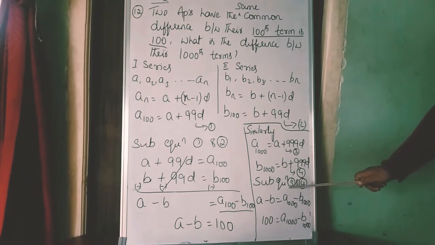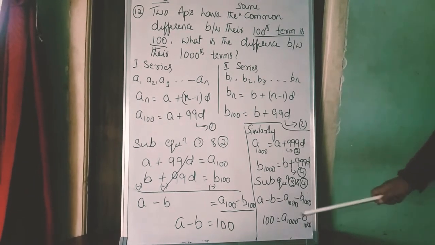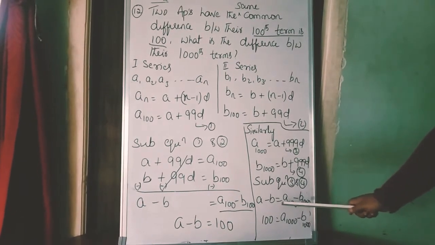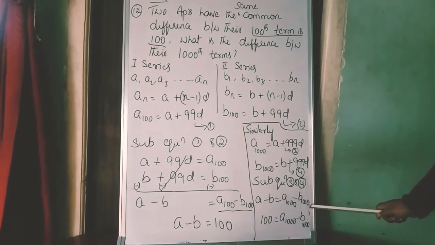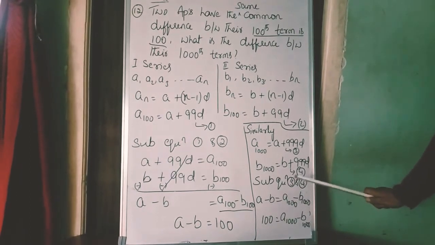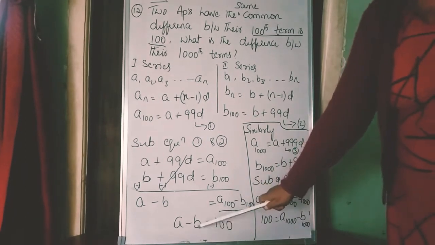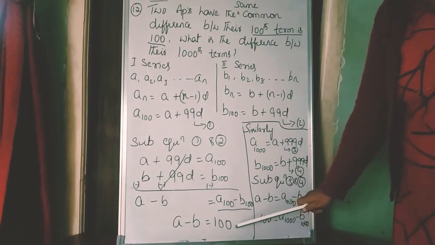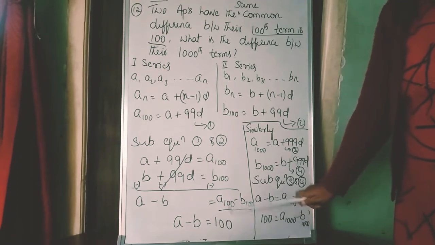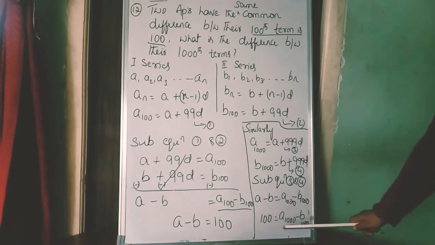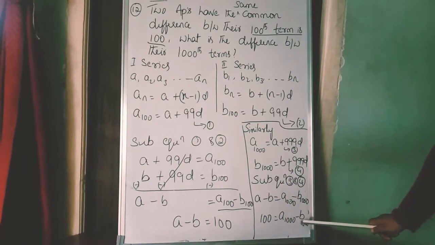Now subtract equation number 3 and 4. You will get A minus B is equal to A1000 minus B1000. Observe children, A minus B we calculated in the previous calculation as 100, which was given in the question. So 100 is equal to A1000 minus B1000.